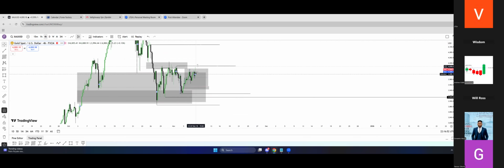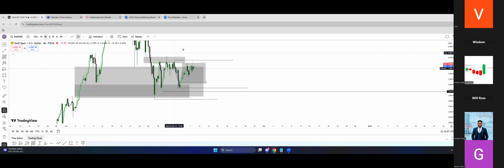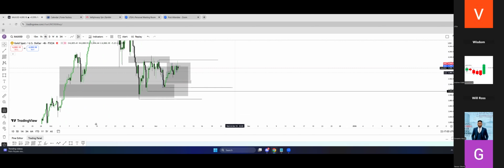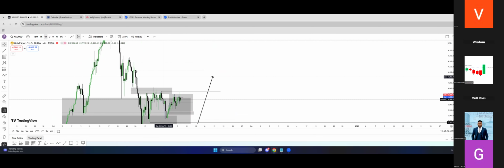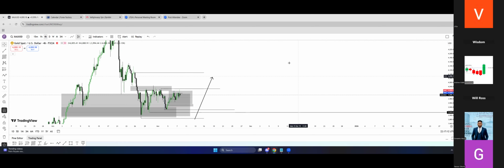I would like to see the high manipulated first. Maybe you come for more highs or something. Then price can trade back down, manipulate the low. I don't know how far. Then we can maybe see a potential long on gold, depending maybe on this high, previous week's high or something. But we will see.